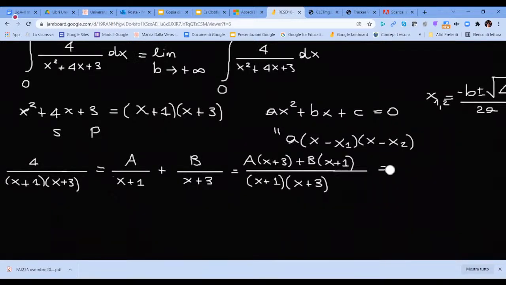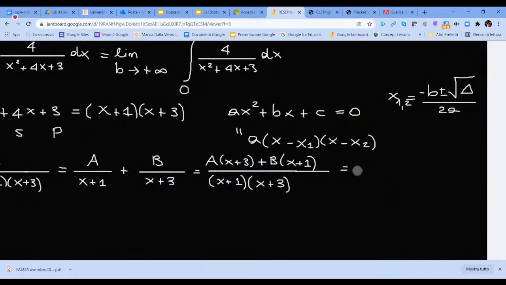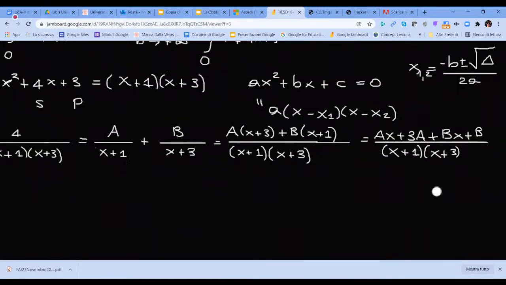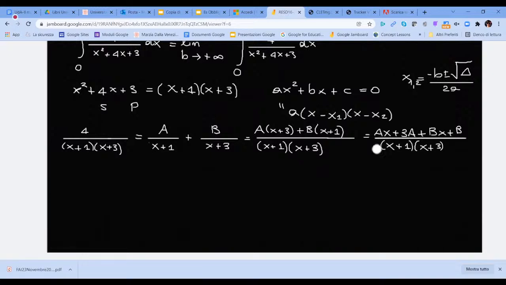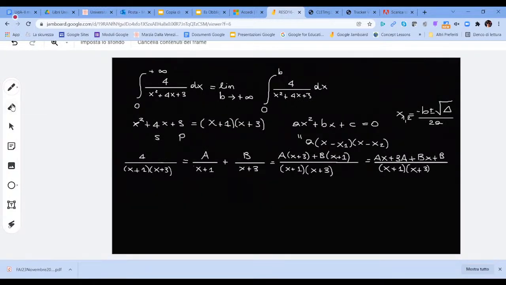We can rewrite everything as coefficient of the variable x, and something that is of degree 0, and then we have to compute by choosing everything that is on the right side equals to 4.